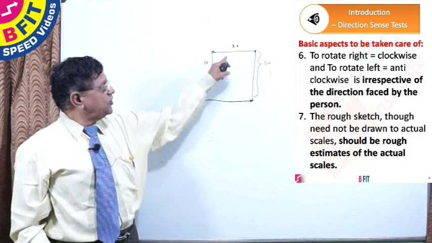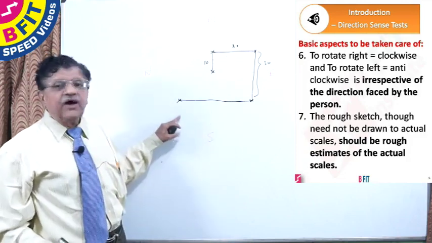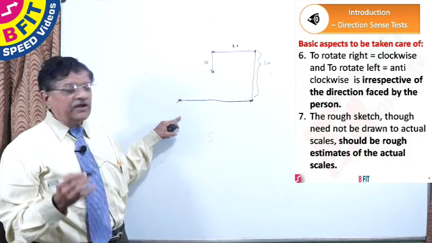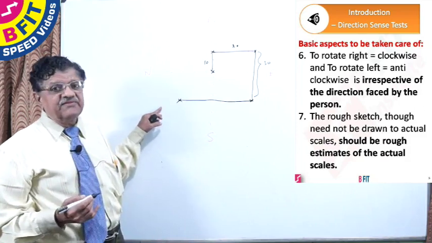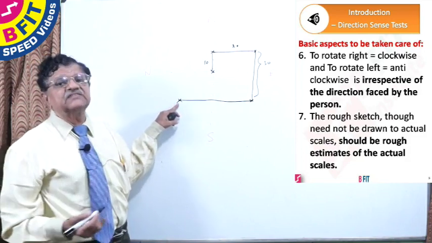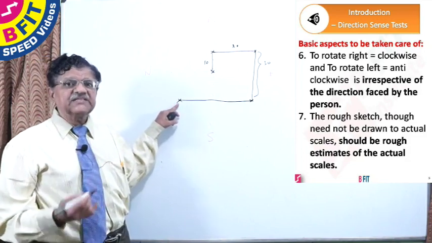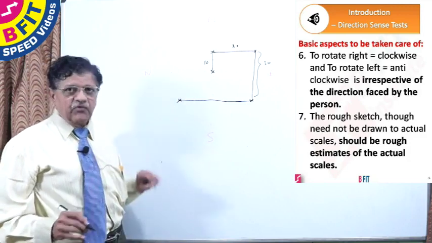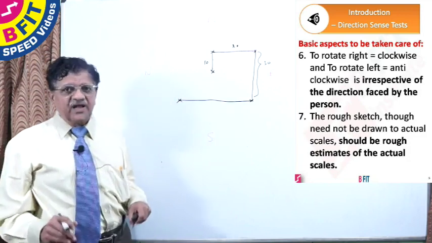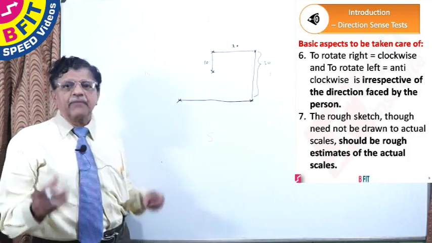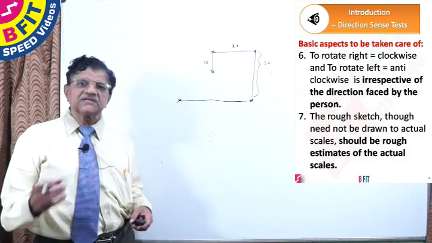Now 10, 20, 30, 40, it should have some resemblance to the real distances that are mentioned. Then only you will know clearly in which direction. Suppose the question says at the destination the person is facing which direction, or the person is in which direction from his original point, we will be able to easily solve. Therefore, my humble suggestion to you is always draw according to the scales to the extent possible. At least there should be an approximation of the distances that are mentioned.